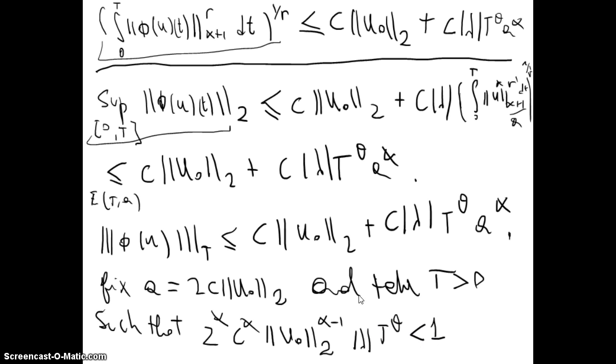Okay, so what we want is to take T positive such that we can make this less than 1. So in a way we can bound this, obtaining a u naught norm 2 factor, common factor, and in a way we can say that phi is well defined in E T A.